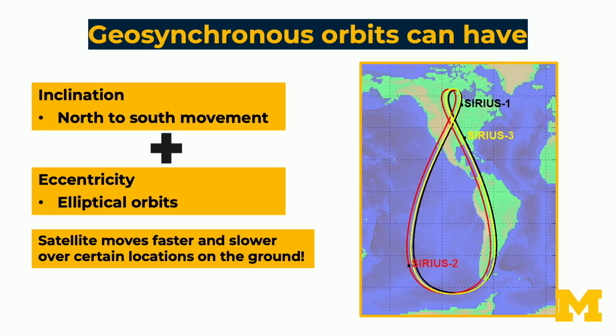Sirius XM radio is satellite radio. And what the Sirius XM radio satellites do is that there are 3 of them, and they are in geosynchronous orbits, but they are highly elliptical orbits, and they are inclined. So they go up to Canada, and then they go down to South America, south of South America, actually.